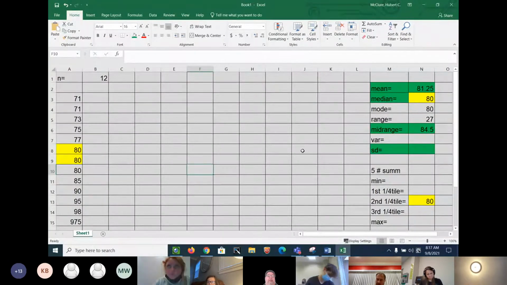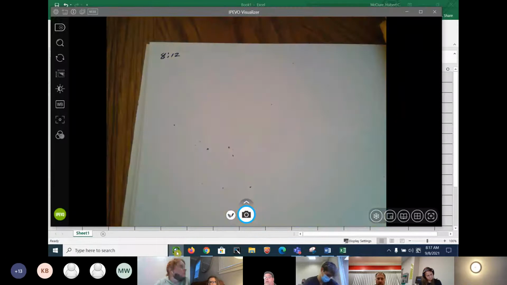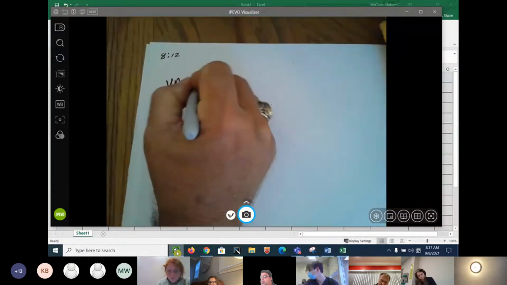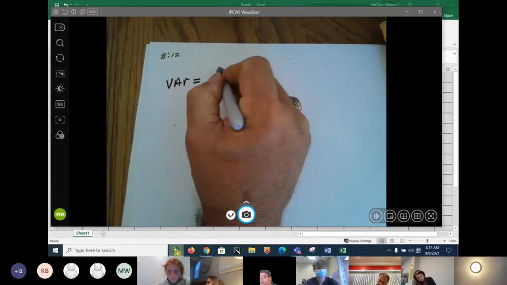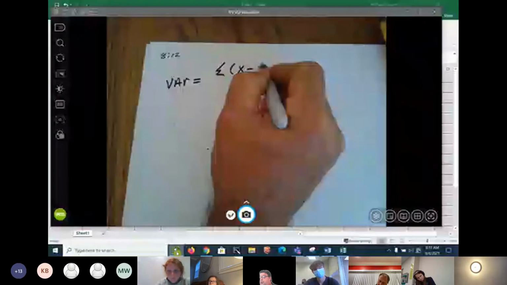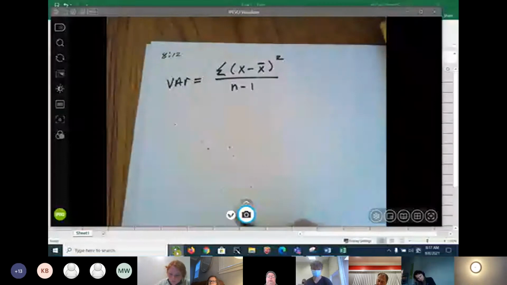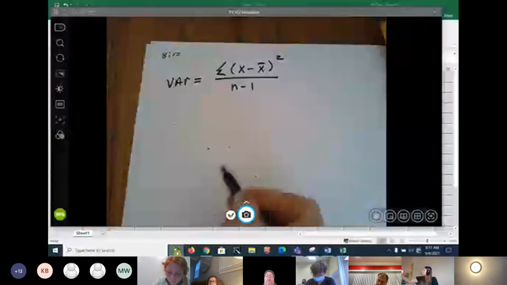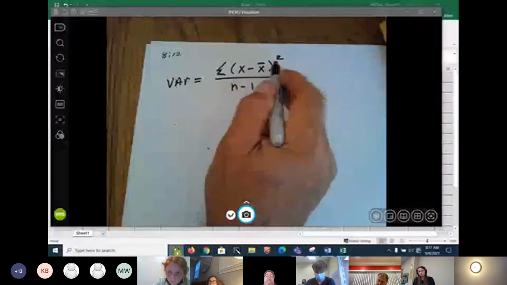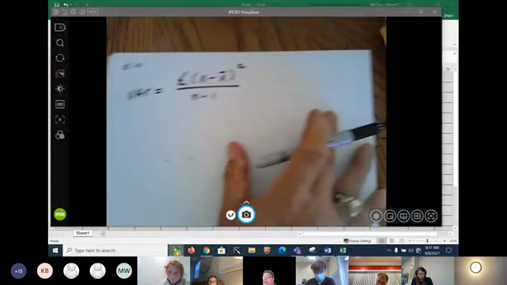So let's find our variance. This is x. So we know that the formula for the variance is equal to the summation of x minus x bar quantity squared over n minus 1. So we're going to take the mean away from each of the x's, square it, and add it all up. I'm going to write that down.